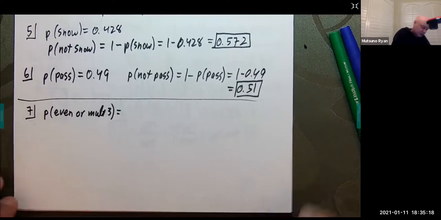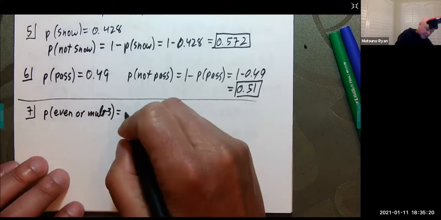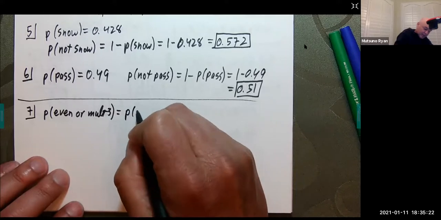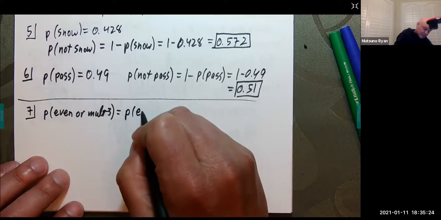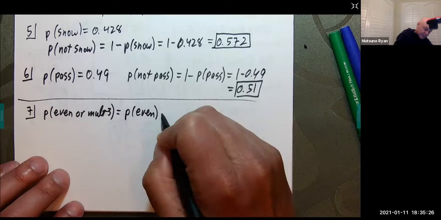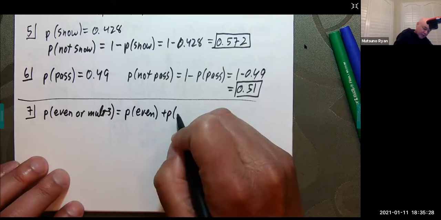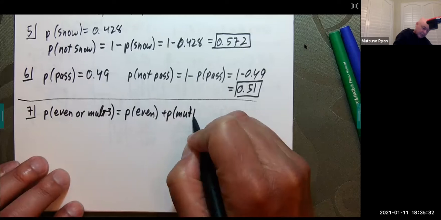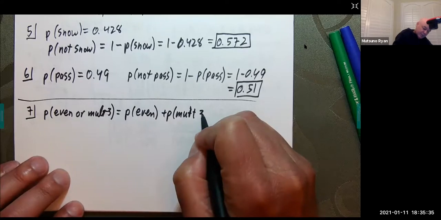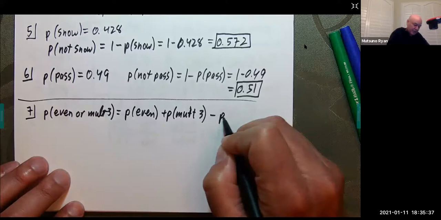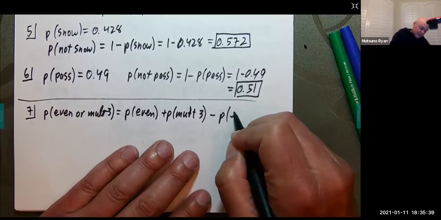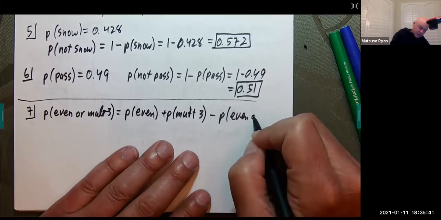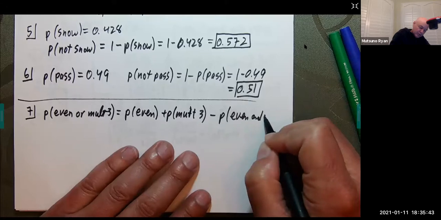Now, this brings us to our rule. This is going to be the probability of rolling an even number plus the probability of rolling a multiple of 3 minus the probability of even and multiple of 3.